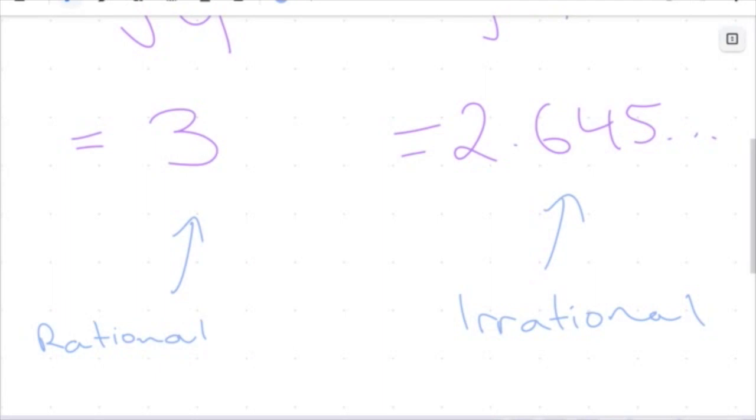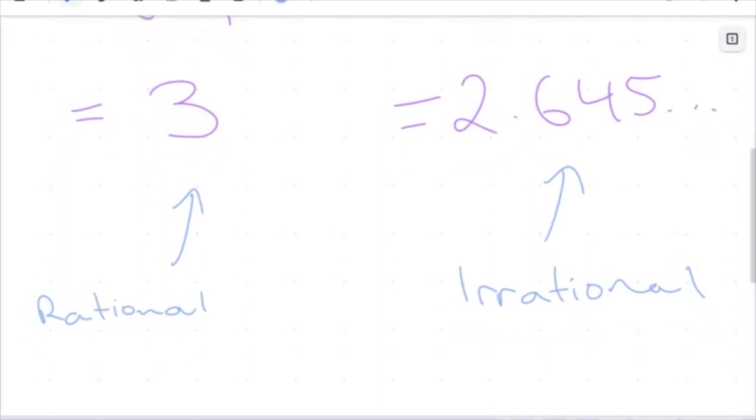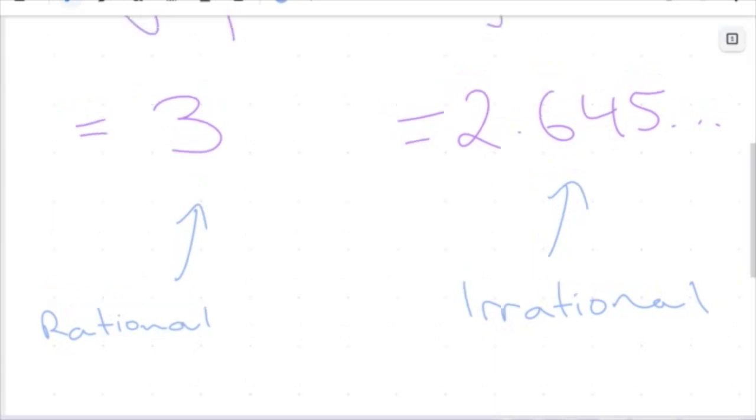An irrational number is just a number with decimals that have no ongoing recurring pattern. So I can see 2.645, and if I read it out further from the calculator, I get 2.64575131. You can see there's no actual pattern here.